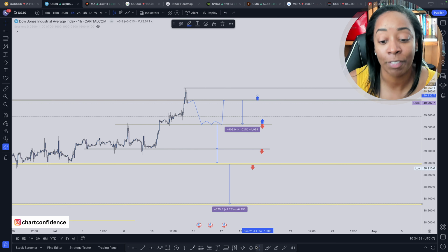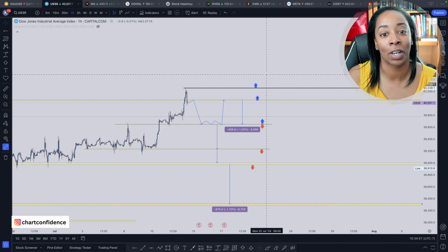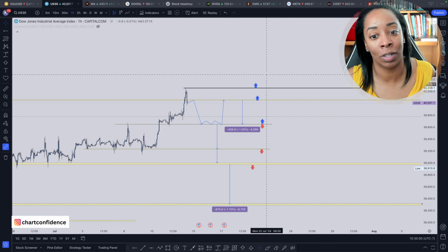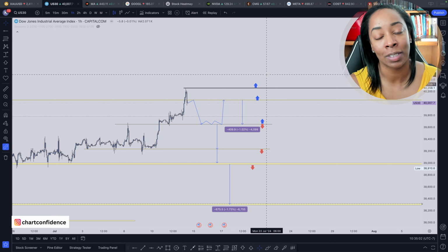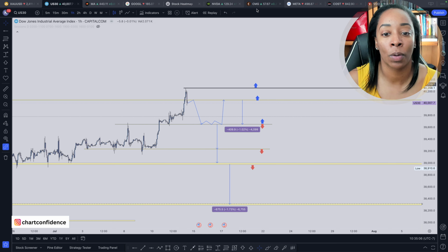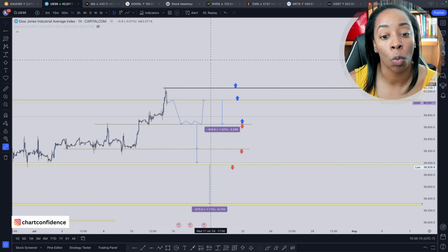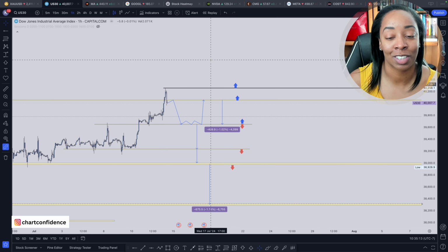And if for some reason price was to break above here and just continue to go, I don't know where it's going to go, I would want to wait and see where price goes and then wait for some sort of retest and then continue up. So price could go any place up here if it continues to push up. So this is the game plan for this particular market for this week.